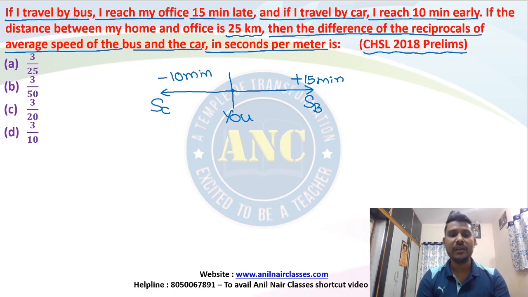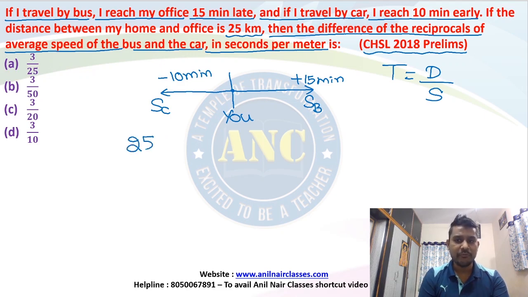Now see here. We know that time is equal to distance by speed. So the distance that it needs to travel by bus is 25, and the speed of the bus is SB. The distance that it needs to travel by car is also 25, and the speed of the car is SC.